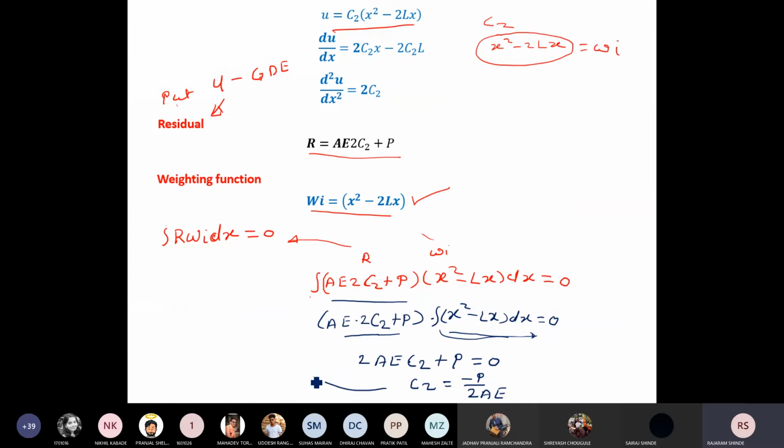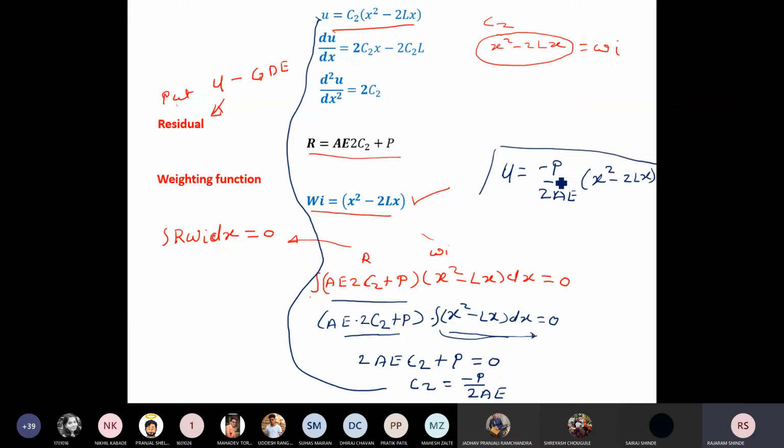Your u will be, in place of C2, you put minus P by 2AE into x square minus 2Lx. This is the solution to your governing differential equation.